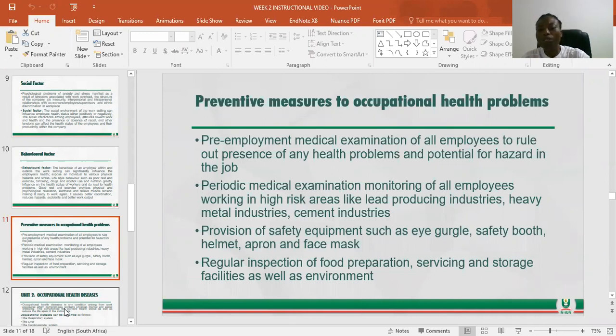And let's assume the person has a good medical report. How can you help this person, who is working maybe in a cement factory, or an industry where they produce chemicals, or where it's more of lifting? What measure would you take as the person is progressively doing their work?